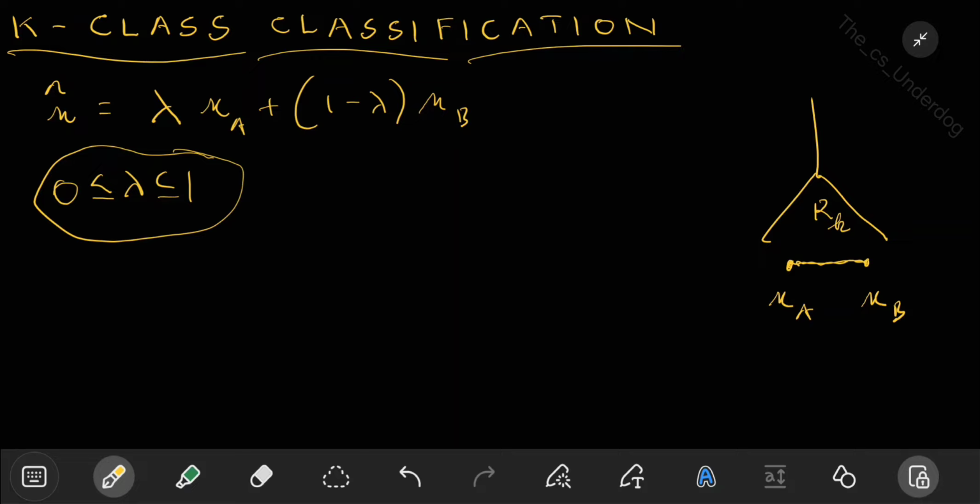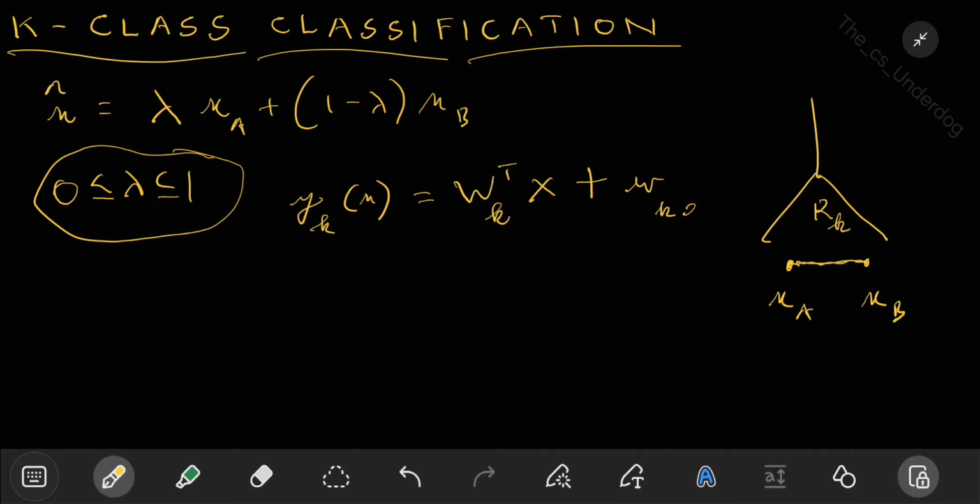So x cap is somewhere in that line. And what is my discriminant function? Previously I had written the discriminant function: yk of x is equal to wk transpose into x plus wk0. This is the discriminant function.